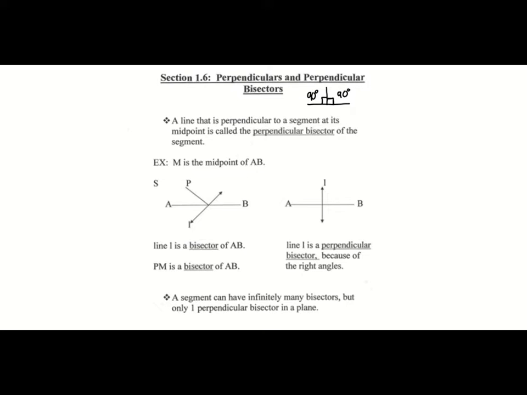Our symbol for perpendicular is that upside down T. So for perpendicular bisectors, a line that is perpendicular to a segment at its midpoint is called the perpendicular bisector.